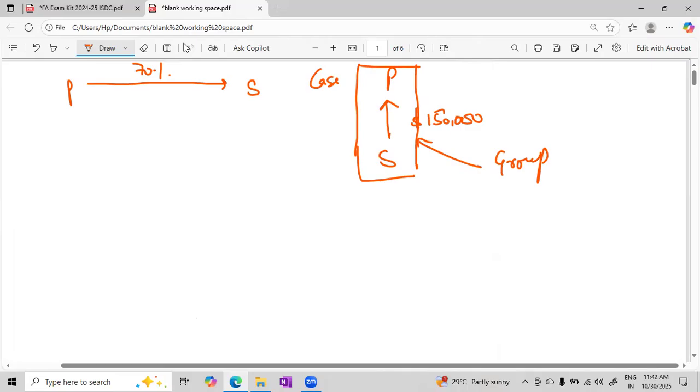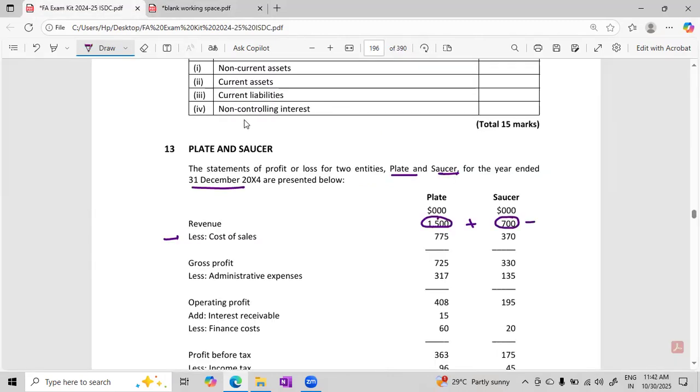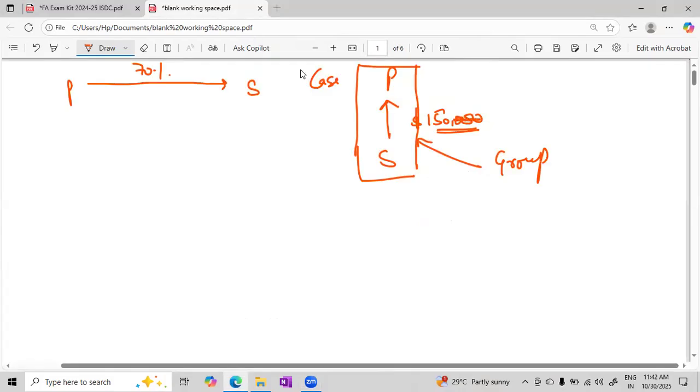Since they are part of one group, we have to eliminate this intra-group sale of 1,50,000. So from here I'm going to deduct 150. I have ignored the 3 zeros because they are dealing in thousands.